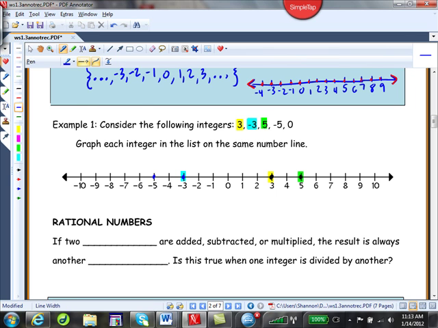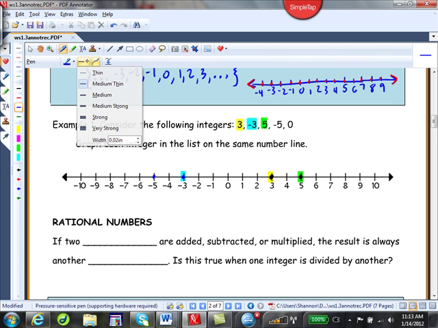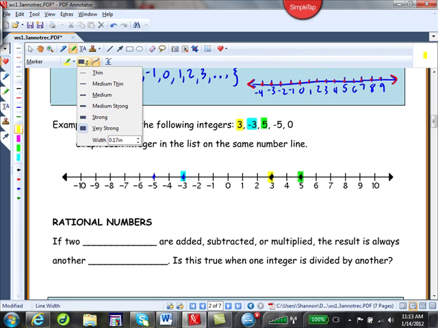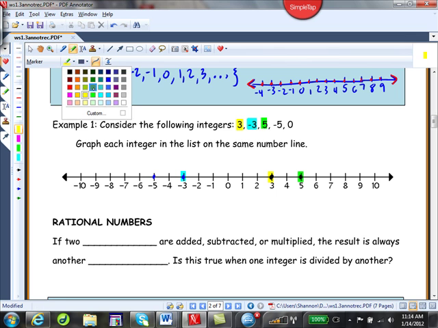I'll get a good color to use. Okay, so we'll use this purple, it shows up fairly well. And then of course 0 is right over here.